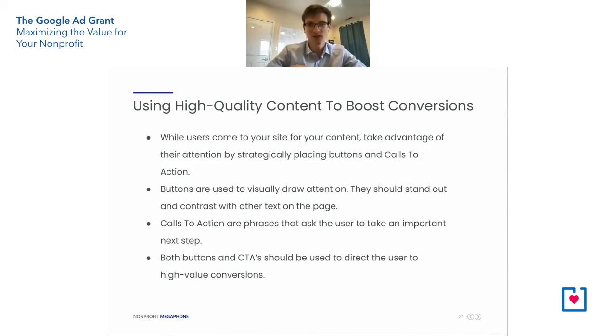And in a perfect world, you'd set up conversion tracking for each of the actions that you want people to take. So maybe filling out the adoption request form, filling out the volunteer request form, donating, subscribing to your email newsletter, watching a video. All those types of things are valuable actions and are conversions.